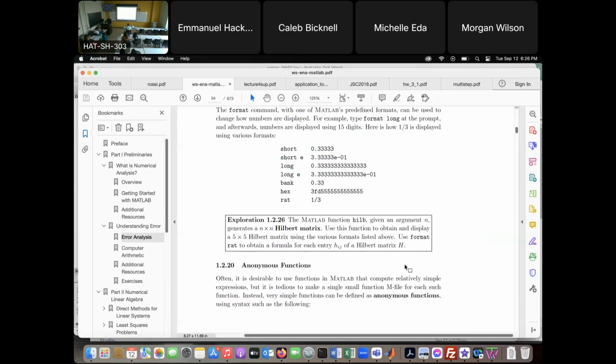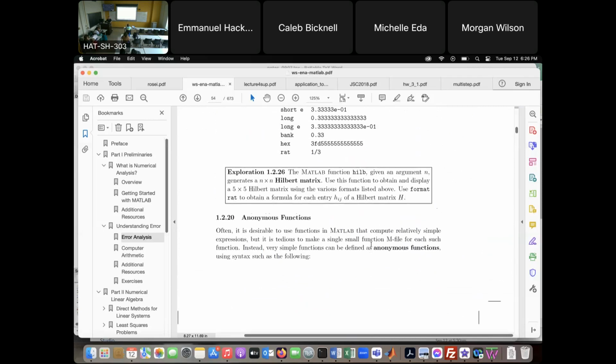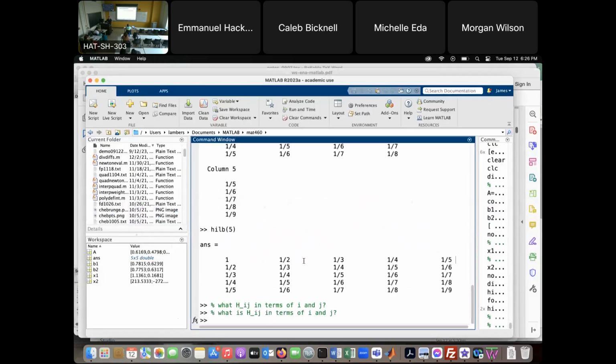What I'm looking for is an expression involving i and j. For example, the 2-2 entry, row 2, column 2, is 1/3. The 4-3 entry, row 4, column 3, is equal to 1/6.